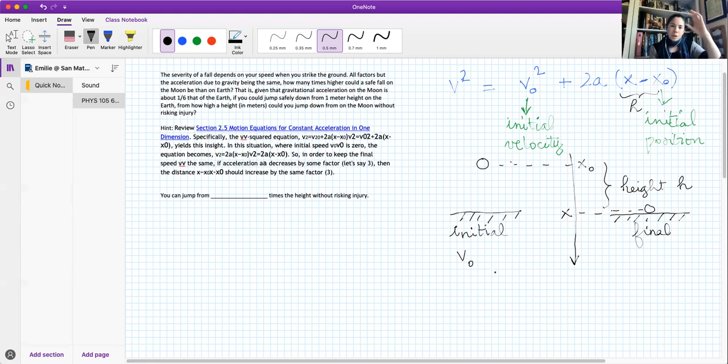And we're going to drop our object from rest. So when you essentially fall, we're going to assume that you're falling from rest. So that means that we can simplify this. This is the best. When you can simplify this and say, okay, my initial speed is equal to 0. That's going to make a 0 in the equation. That's going to simplify things a lot for us. And then our final speed is V, and that's going to be given by our V squared equation.